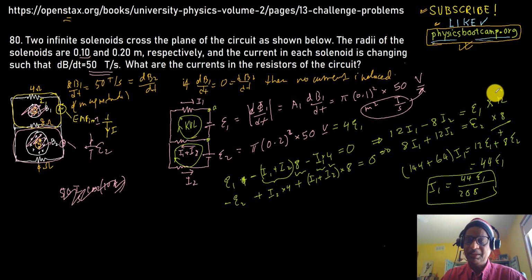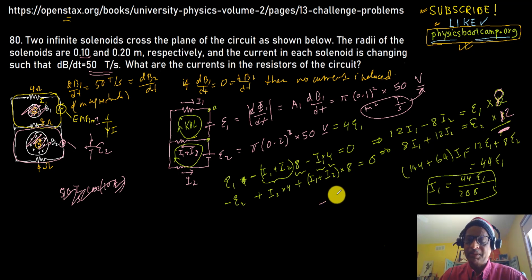multiply this with 8. So let's multiply this by 8 over here, and multiply this by 12, and then subtract. That will get rid of this guy. And so if I subtract, I'm going to minus here.